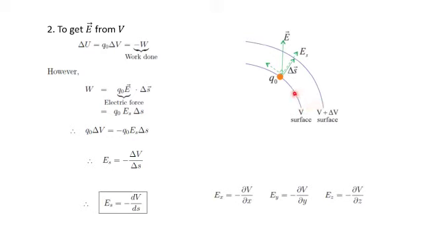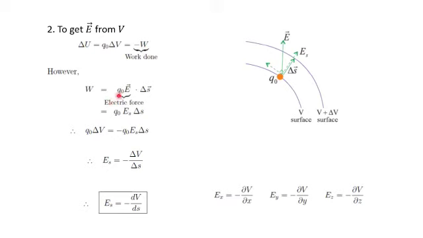If we want to move a test charge Q naught from one surface to the other, work needs to be done. Using the definition of potential difference, the change in potential energy is Q naught times delta V, which is equal to the negative of the work done. The work done in this case can be written as Q naught times E dot delta S.